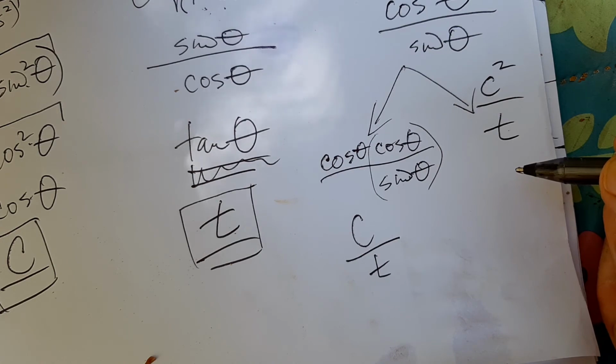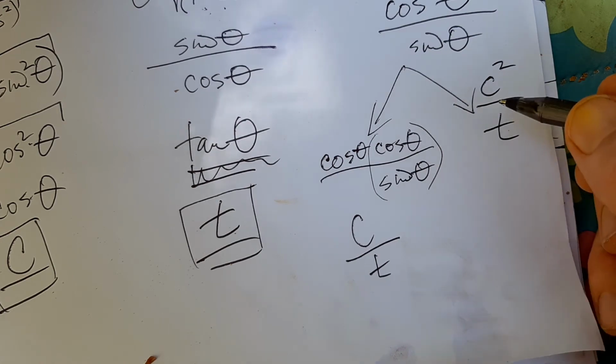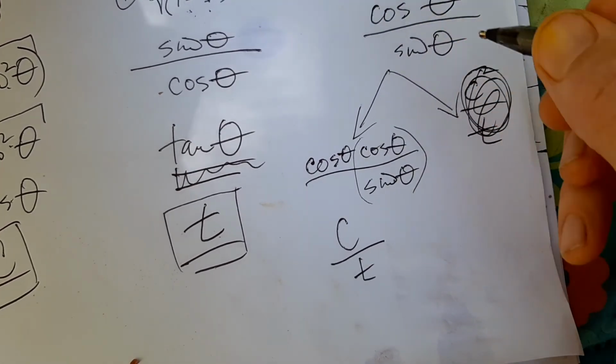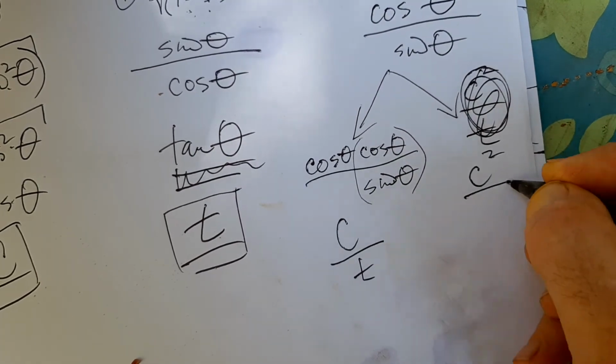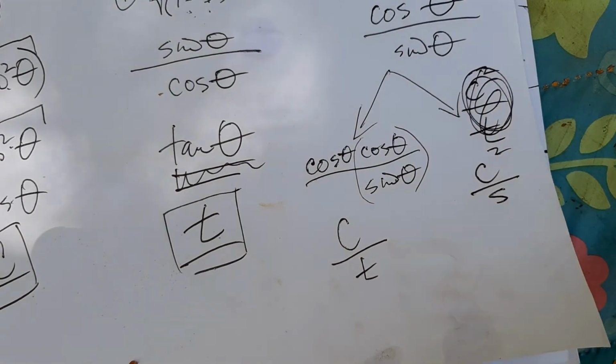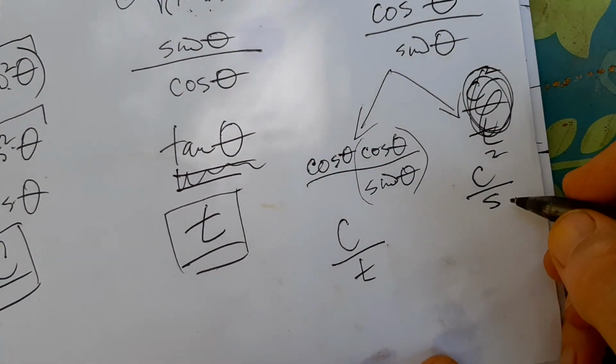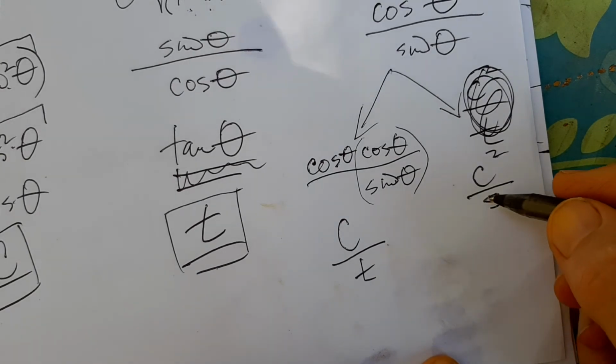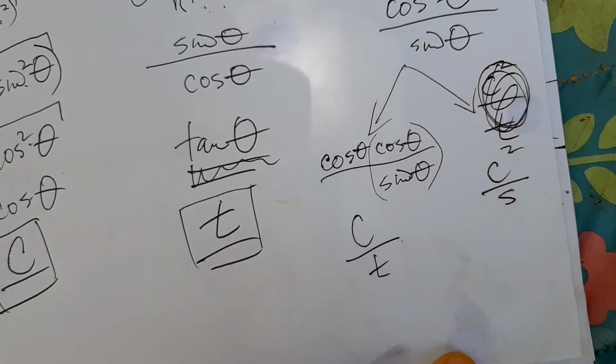I'm sorry. Wait, let's see. What are we doing? I got c squared over s. And then how am I getting that t over here? So maybe they would accept it if you did that.